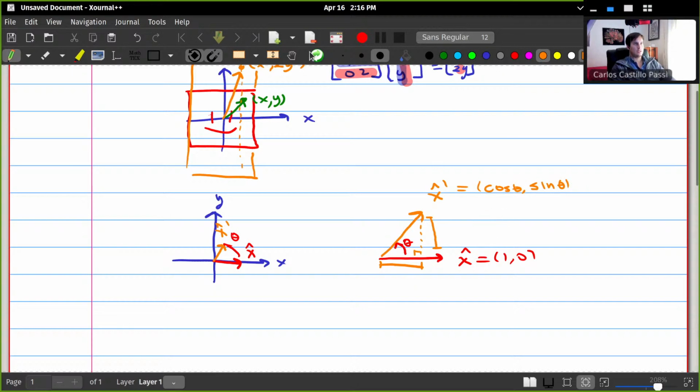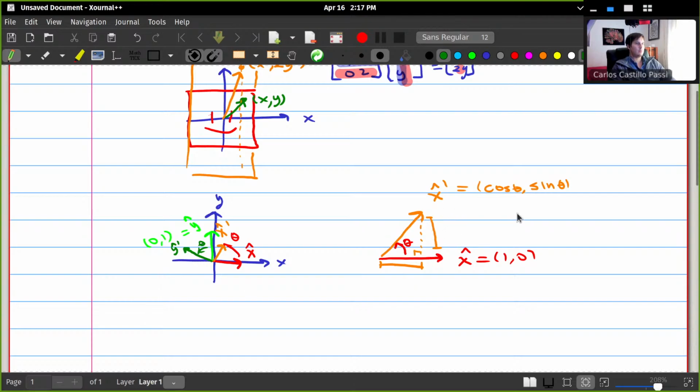Okay, now let's do the same, but with another special vector, this y hat with coordinates 0, 1. After the rotation, it will land somewhere about there. This is the y hat prime. This is the angle theta.